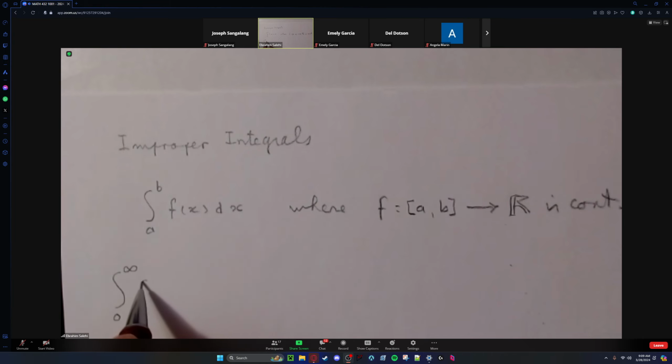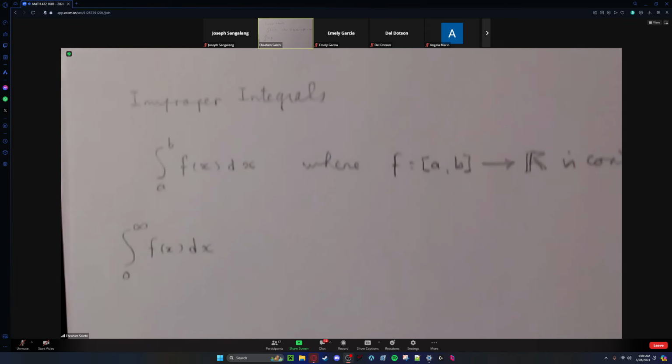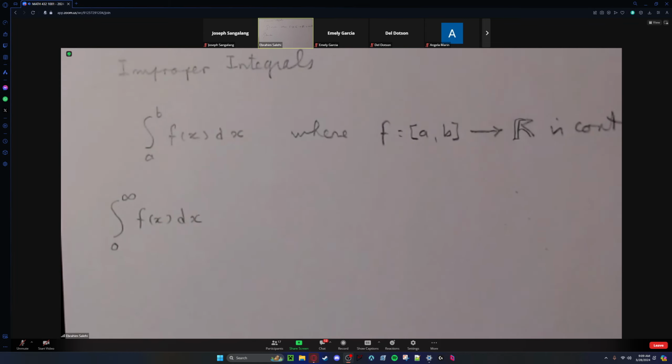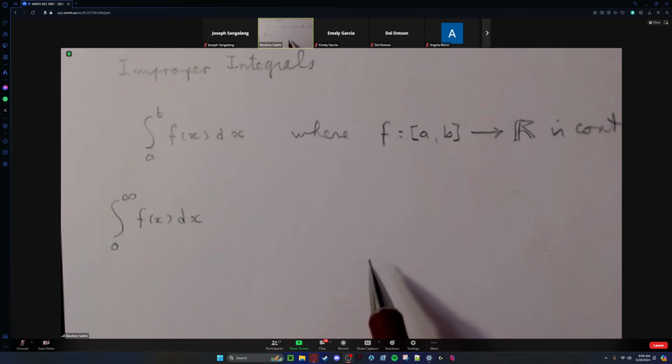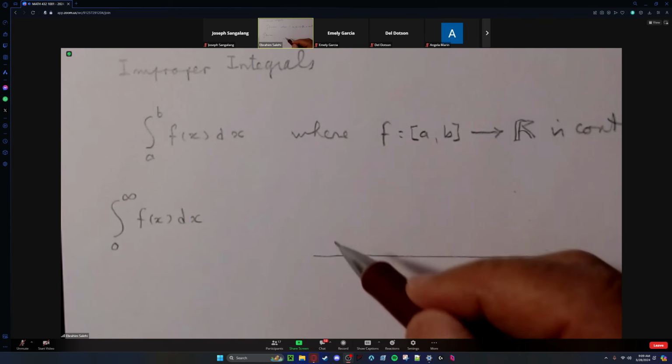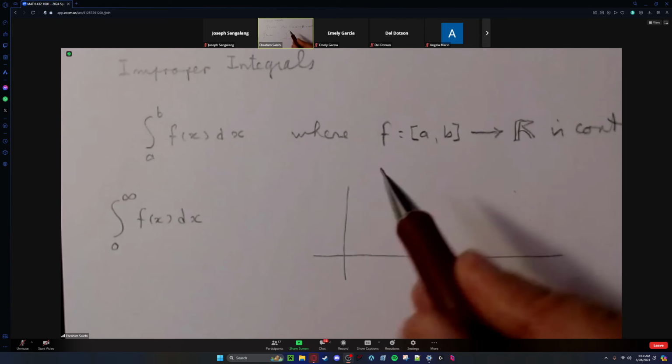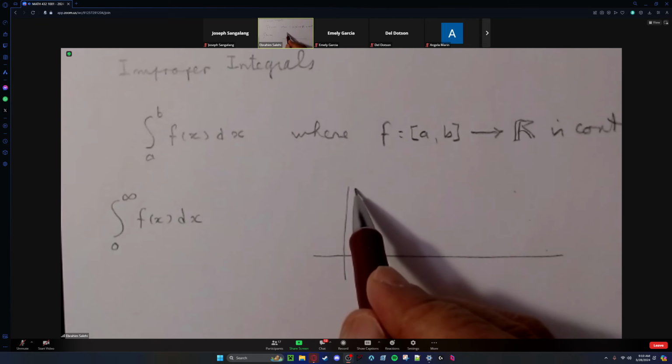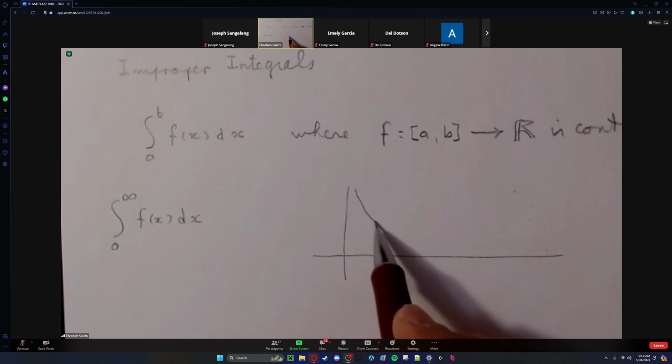When you have such a thing, how do you justify this? Well, 0 to infinity, the function is defined. You have something like this. Let's say you have a function f of x like this, going like this.